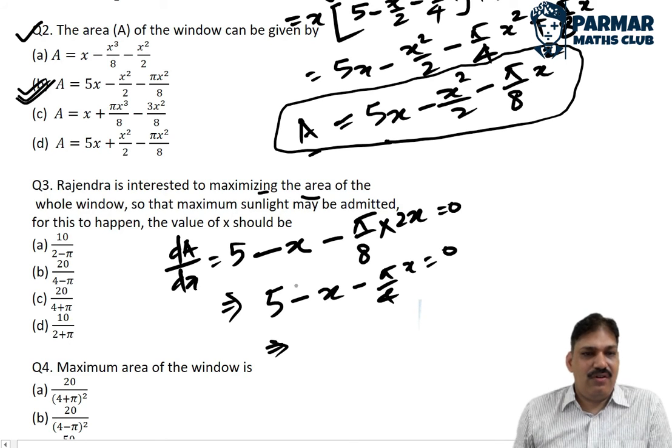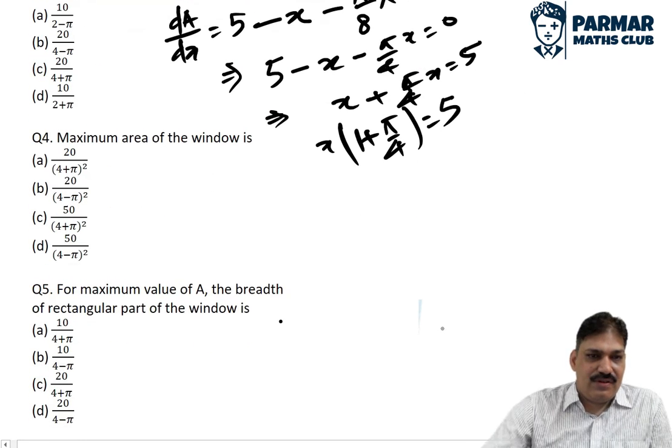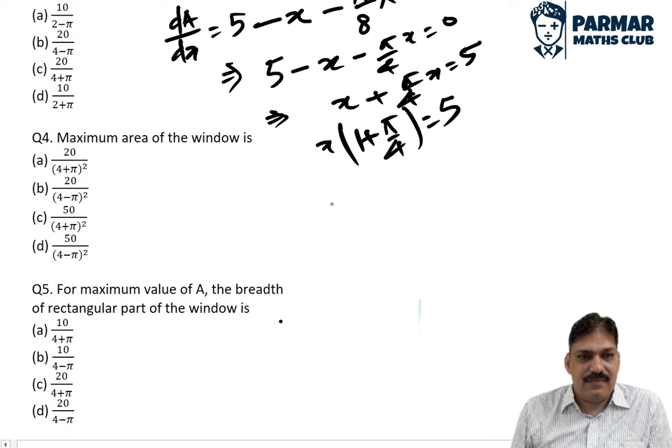We want to find the value of x, so we transpose all the terms containing x. x plus (pi/4)x is equal to 5. On taking x common, x(1 plus pi by 4) is equal to 5. Taking 4 as the LCM, x(4 plus pi) by 4 is equal to 5.